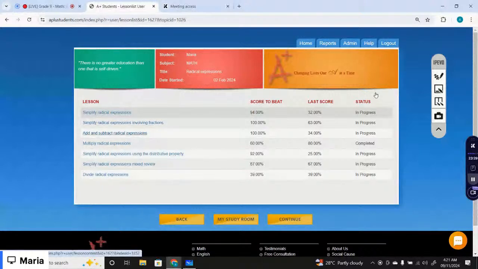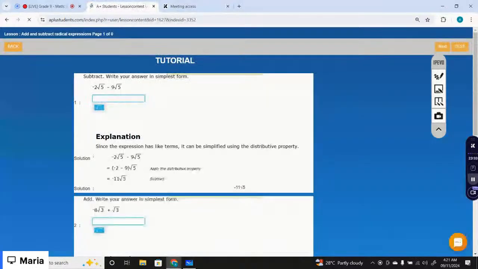Let's just start with the next lesson, that is add and subtract radical expressions. Subtract negative 2 square root 5 minus 9 square root 5.